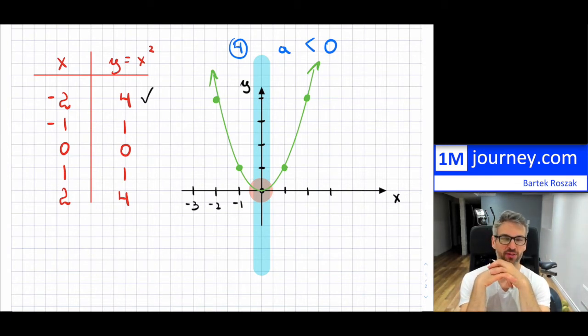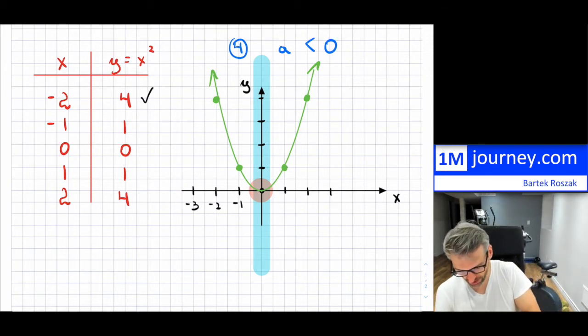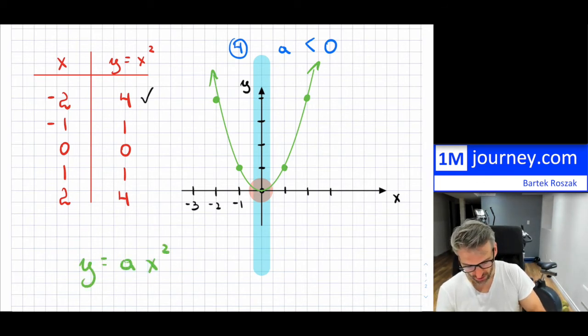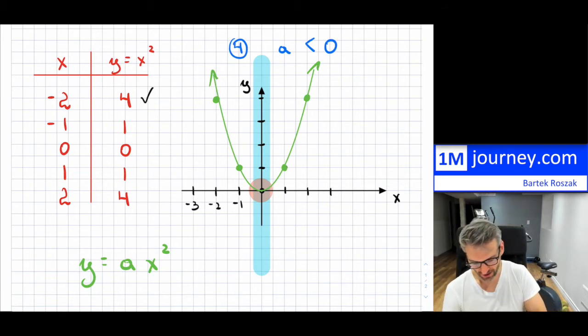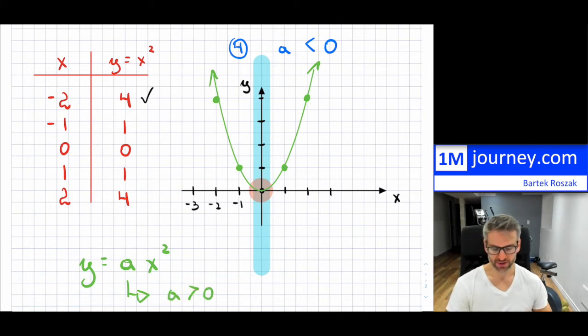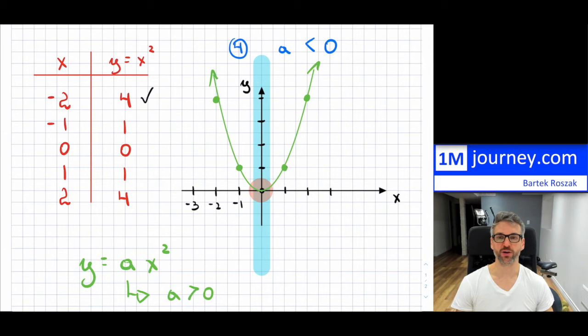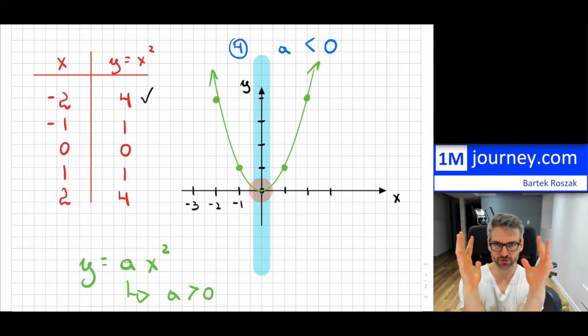You can think, for each value, if a is greater than 1, then you have y equal to a times x squared. Well, x squared is basically this green chart that you have. And if you start making this a greater than 1, it's going to make the values bigger, which means it's going to actually compress it and not stretch it.